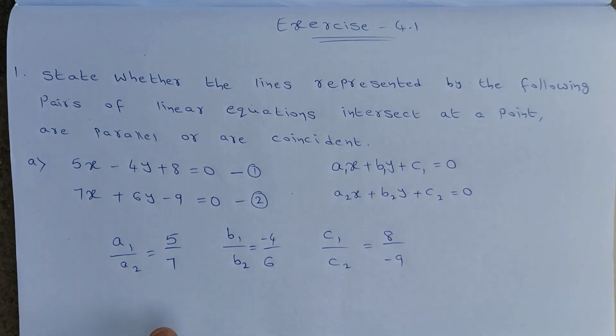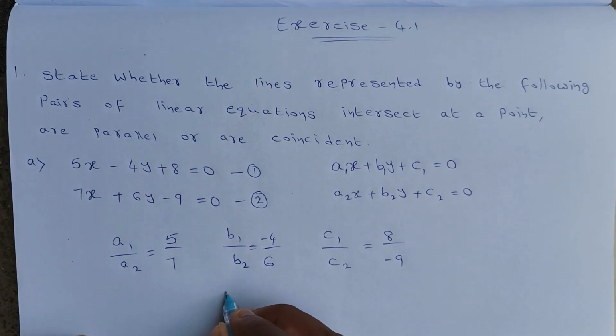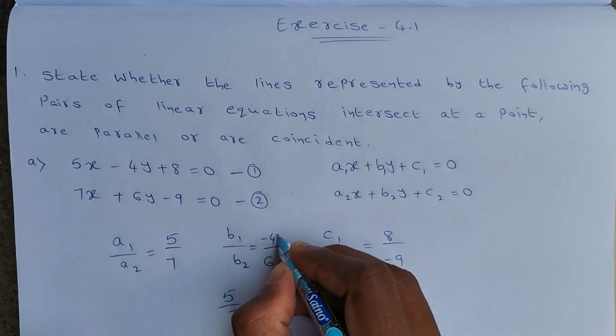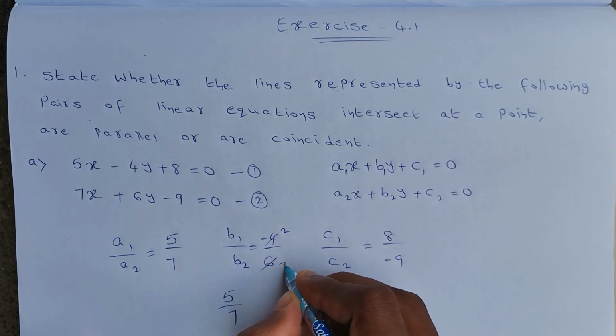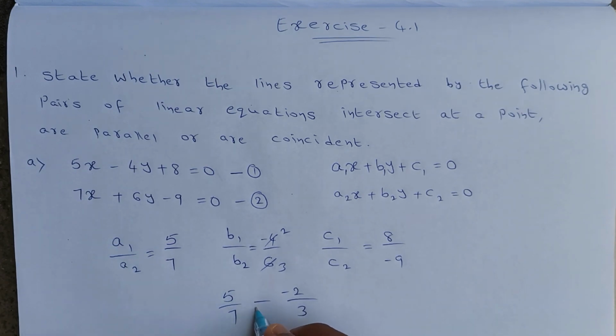Now if we observe the relationship between a1 by a2, b1 by b2, c1 by c2, here 5 by 7 and minus 4 by 6. If we simplify it, 2 twos are 4, 2 threes are 6, so b1 by b2 is minus 2 by 3. So from these two we can conclude that 5 by 7 is not equal to minus 2 by 3.